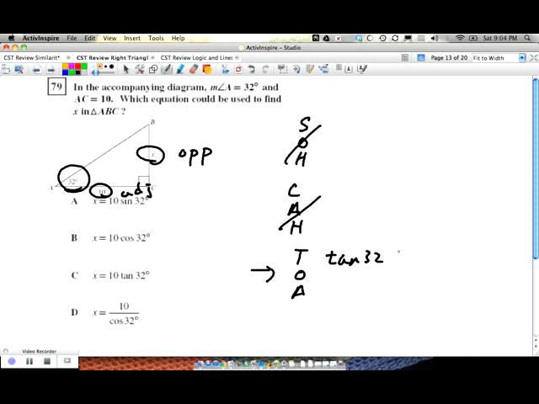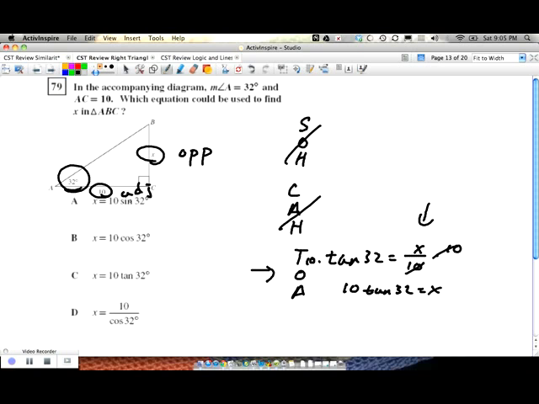Well, tangent of 32, our angle, is going to equal the opposite over the adjacent, which is x over 10. If I'm trying to solve for x by itself, I want to make a 1 with the 10. So 10 over 10 is 1, and I have 10 times tangent 32 equals x.